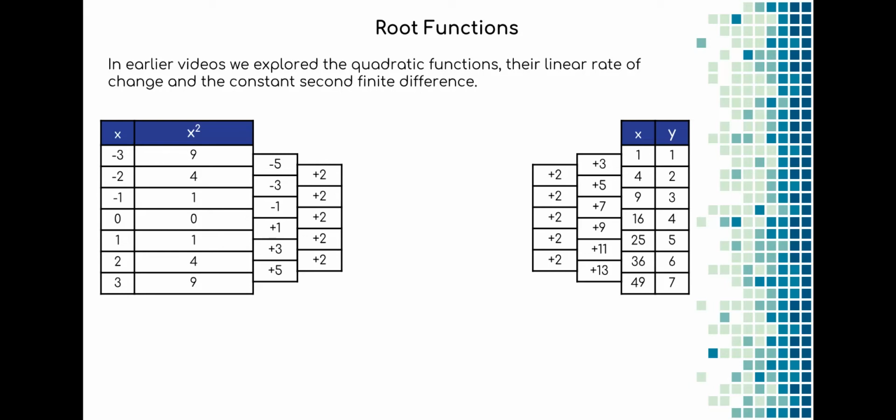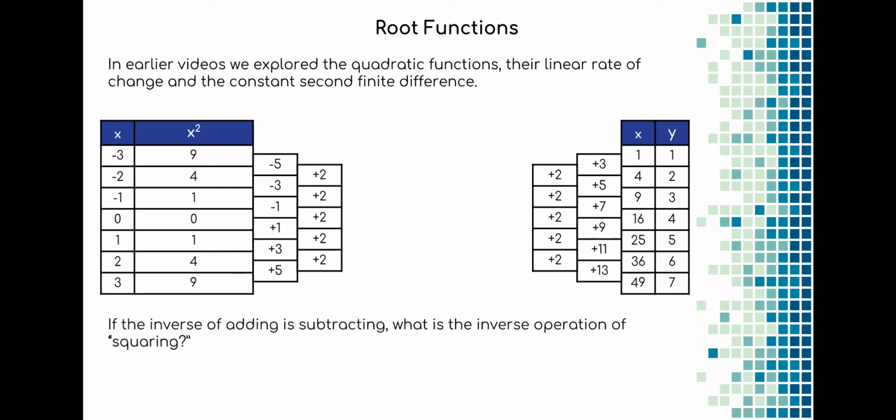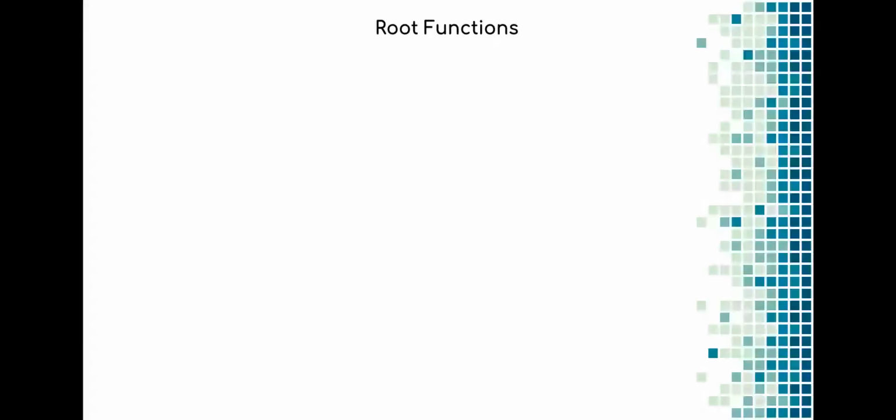Something is inverted from what we've previously seen. We may even want to ask them, well, what's the inverse of squaring something? And they may say the square root. And so what we're going to be doing is getting into that idea of functions as inverses.